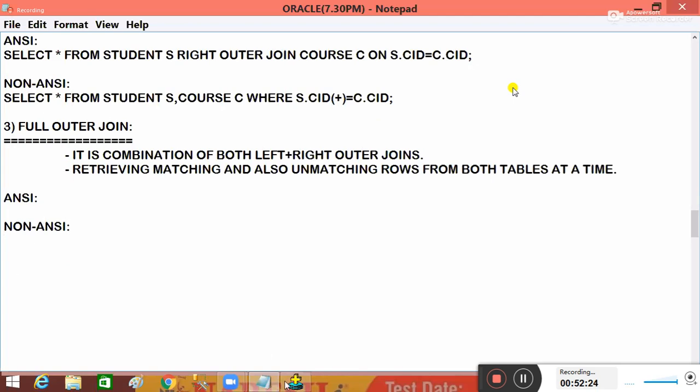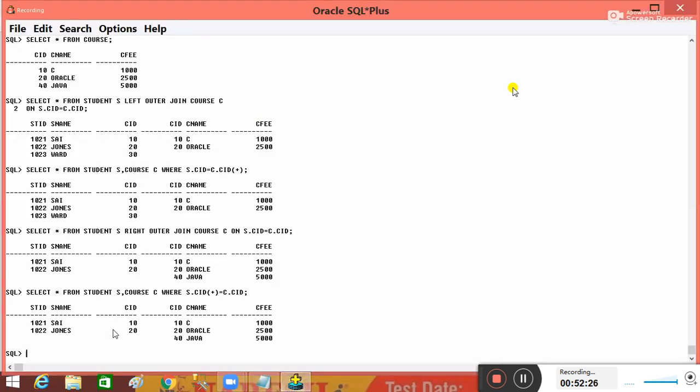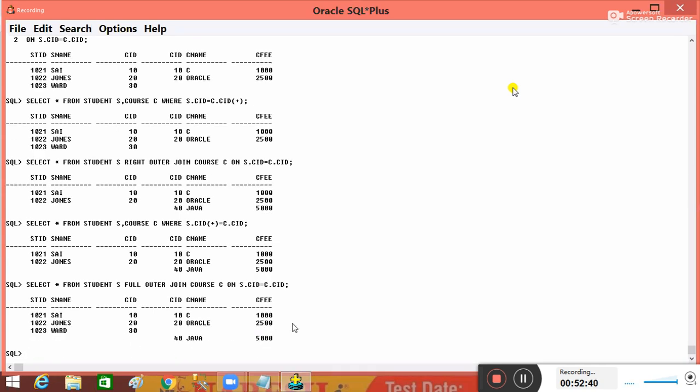So how to write ANSI? Select star from student s, and the key was there, the full outer join key, and course c on s.cid equals c.cid. So matching and unmatching both we are getting.